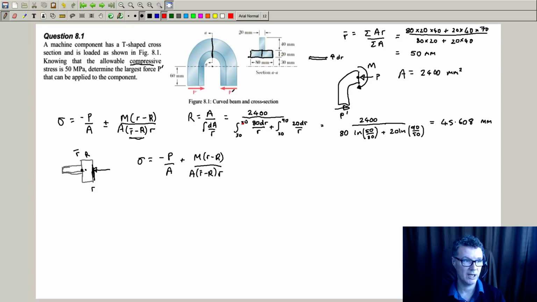The M behaves at the centroid. Why would M behave at the centroid and not the neutral axis?